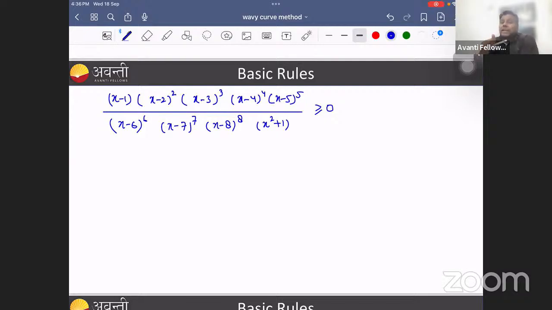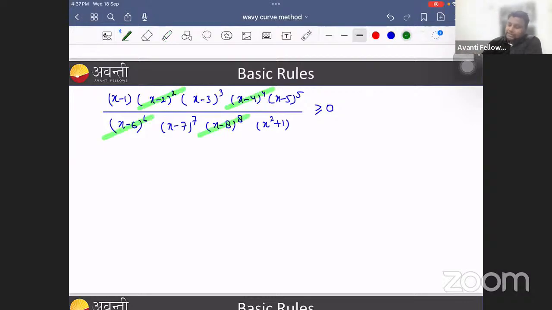Now, one rule I told you, factors with even powers can be ruled out because they are not going to make any change to the inequality. They are always positive. So, I reject this one. Also reject this one. Also reject this one. Also reject this one.